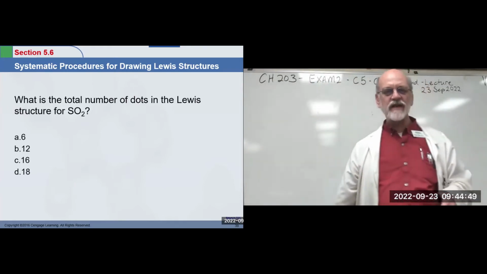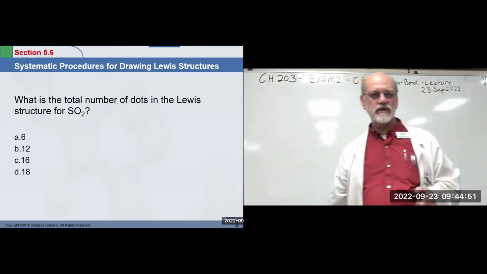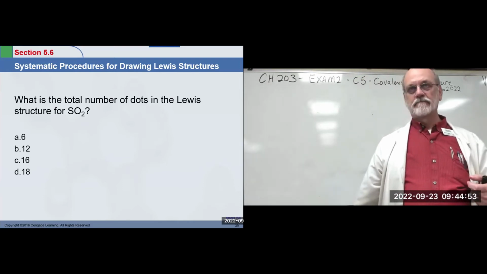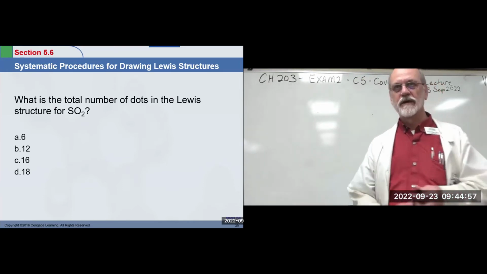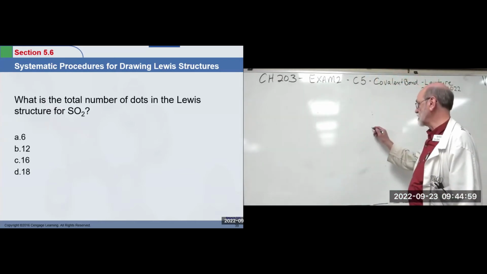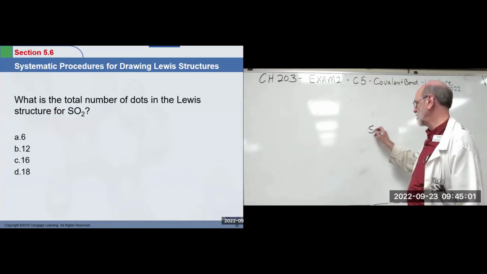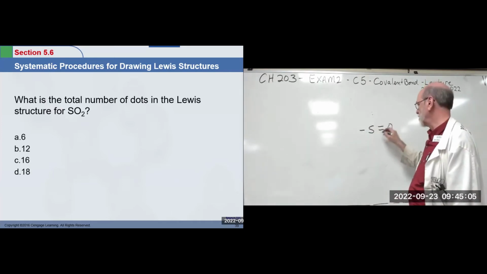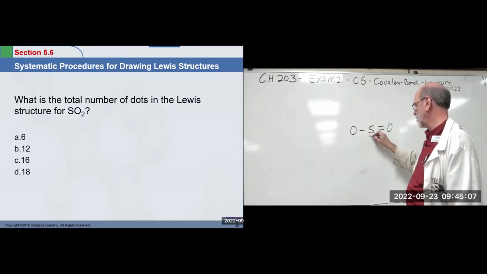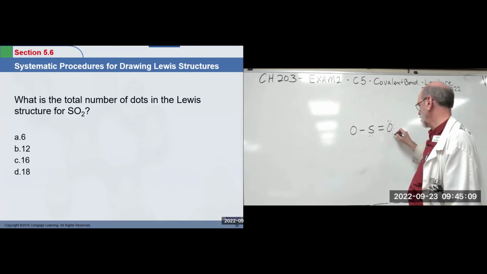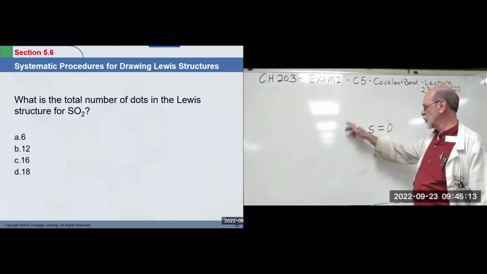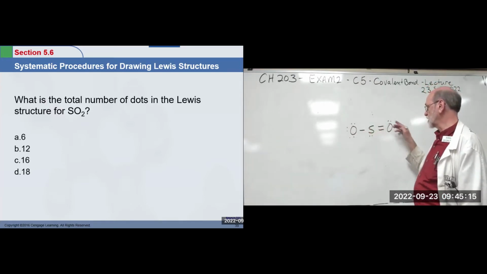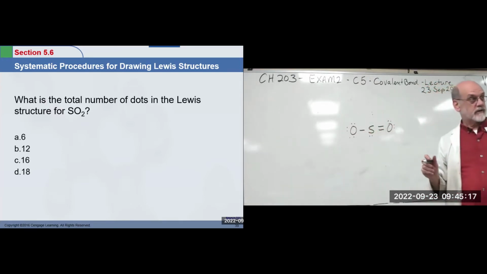What's the total number of dots in the Lewis structure for SO2? The total number of dots in the structure. Remember our structure for SO2? We'll just do the first one we did. Right? 2, 4, 6, 8, 10, 12, 14, 16, 18. 18 electrons.